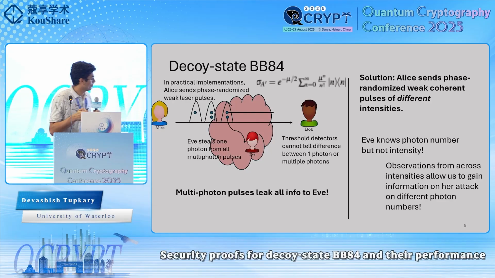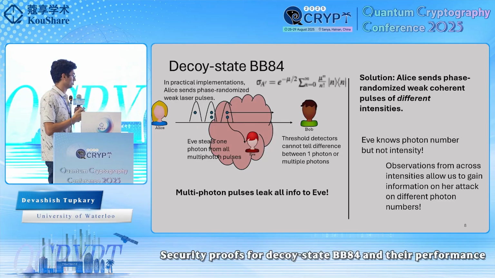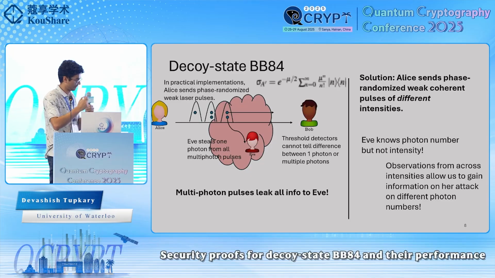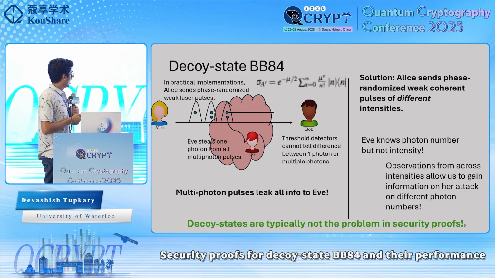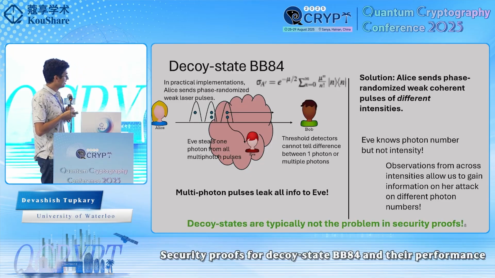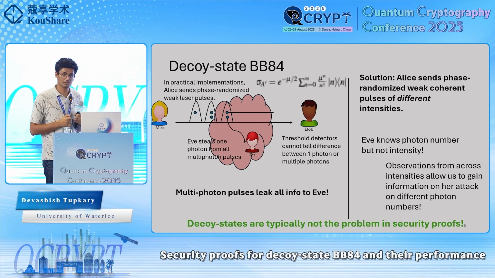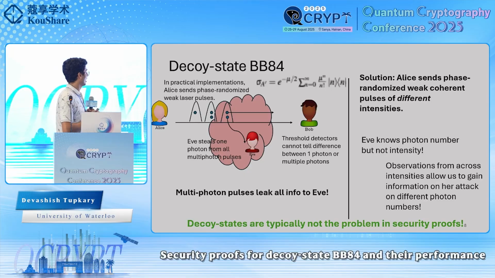And because we're going to have observations from across different intensities, they allow us to gain some non-trivial information on Eve's attack on different photon numbers. Okay, that's the kind of general idea. Decoy states are typically not the problem in modern security proofs. And so we are not really going to talk about them too much beyond this point. I just wanted to mention them.